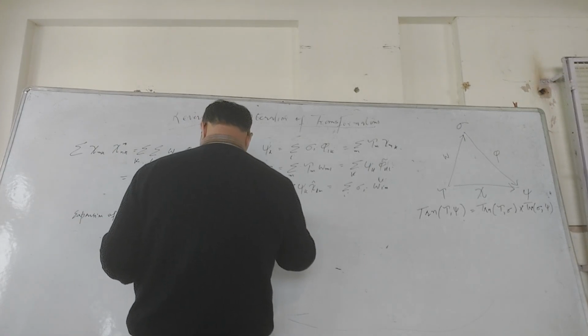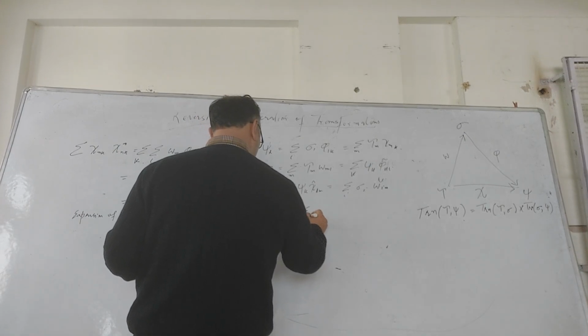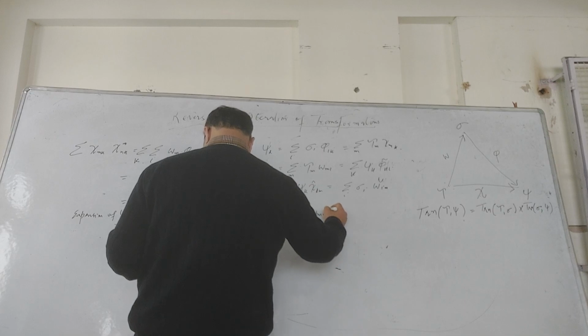So chi of mk can be written as sigma of omega mi phi ik.